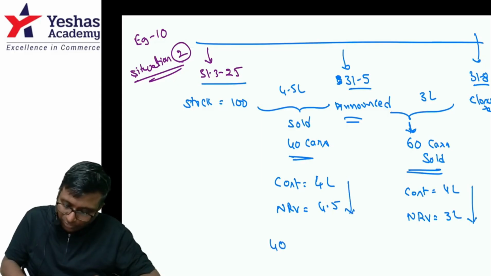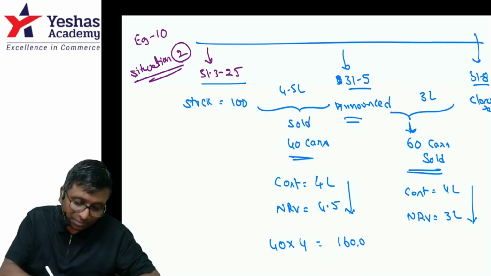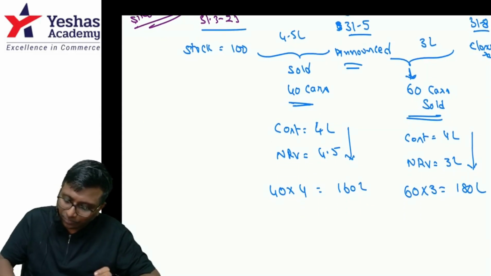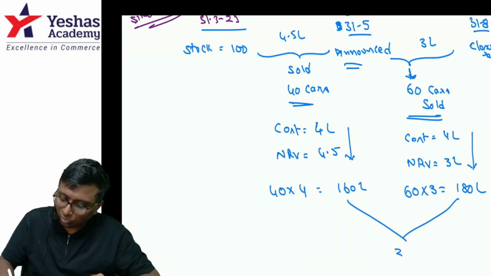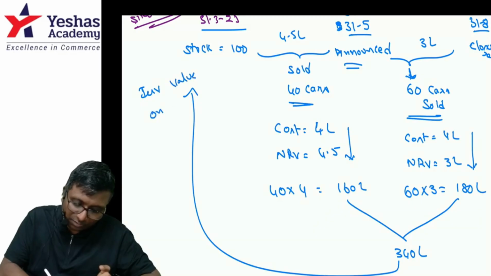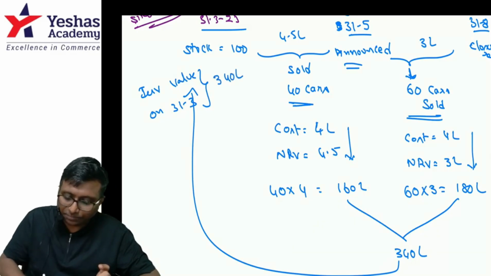So with respect to 40 cars, I will take 4, that is 160 lakh. And with respect to 60, it is equal to 3, that is 180 lakh. So 160 plus 180 is equal to 340 lakh. 340 lakh rupees is the inventory value on 31st March.